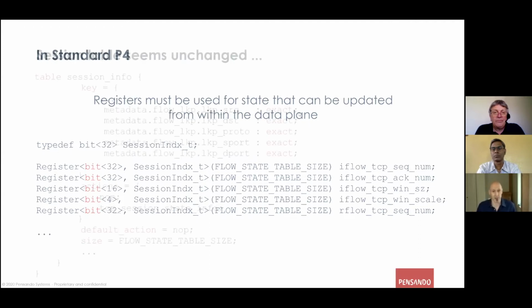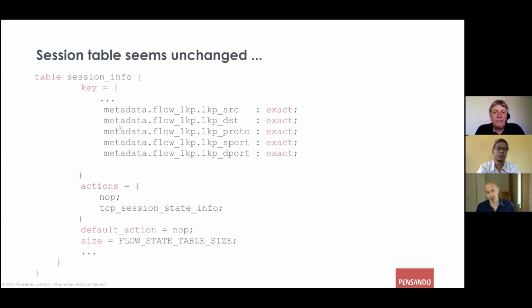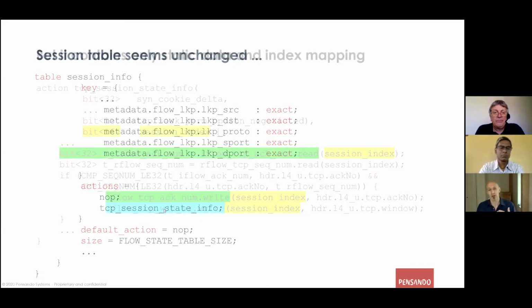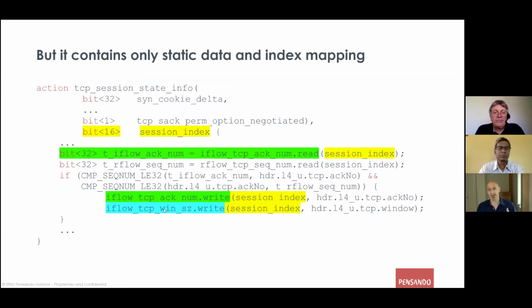Then our table looks the same, at least as far as the table declaration. But when we look at our action to process packets and modify the state, that action obviously has only the part of the connection state that doesn't need to be modified packet by packet.